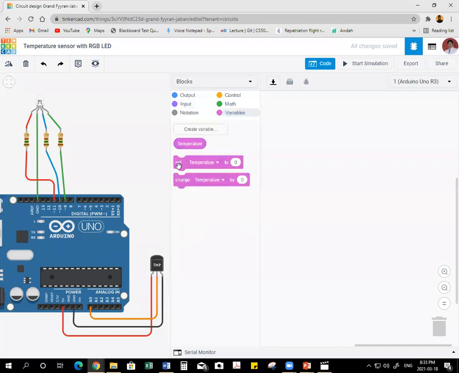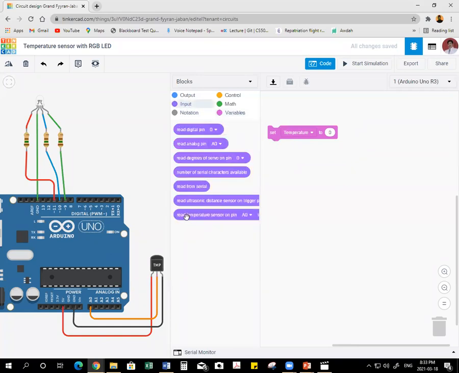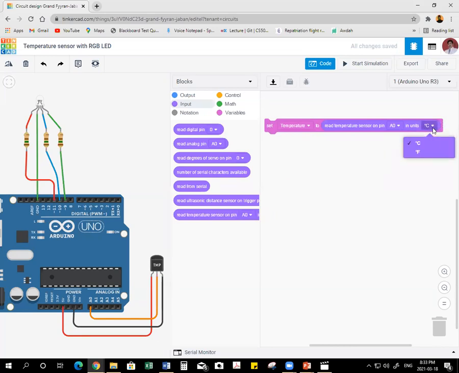Okay, variable set temperature and read input. Now we'll see read temperature, which directly takes in degrees centigrade or degrees Fahrenheit, whatever you want. Now it has default mapping, everything it has.